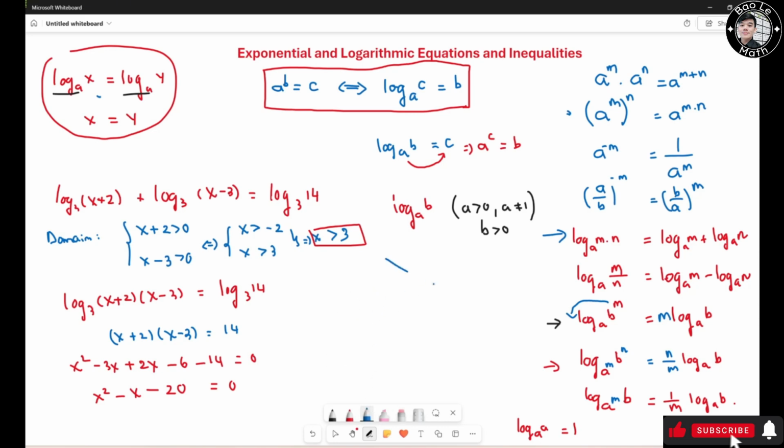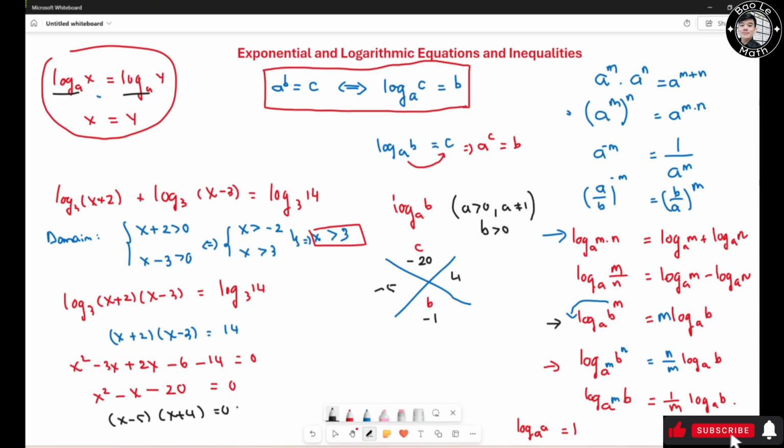So I put the X right here, put negative 20 right here, and this is negative 1. Keep in mind this is C and this is B. Now I need to find two integers that multiply to negative 20 and add up to negative 1, which is negative 5 and 4. So this turns out to be (s minus 5) times (s plus 4) equals 0.